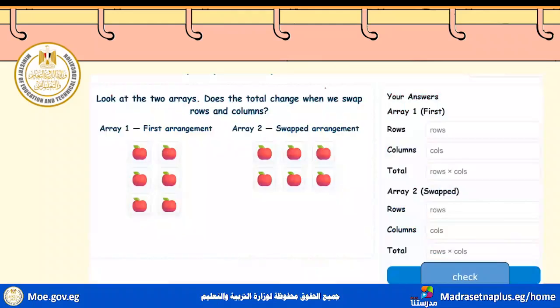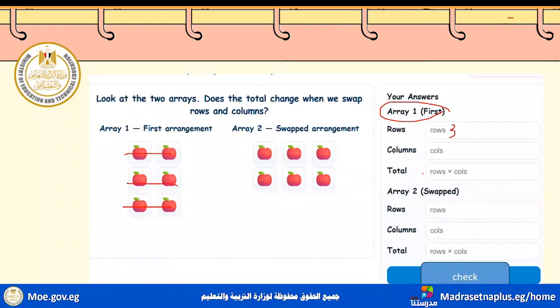Let's check this one. It looks like the previous. We have two arrays. Array number 1, array number 2. The left one is the first arrangement. The second one is the swapped arrangement. That means I change rows to columns, columns to rows. Let's count the number of rows, number of elements in each one, and find the total number for the first array. The first array consists of 1, 2, 3 rows.